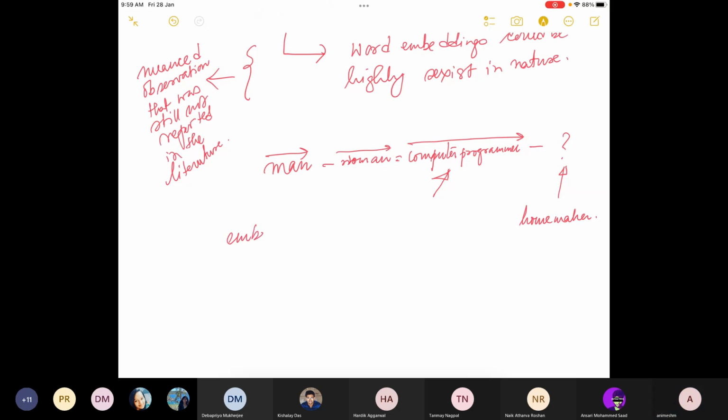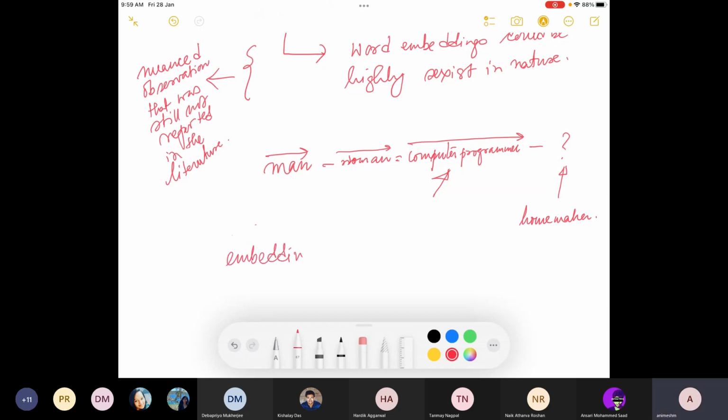Okay, so it seems like the embeddings are biased as far as occupation words are concerned.